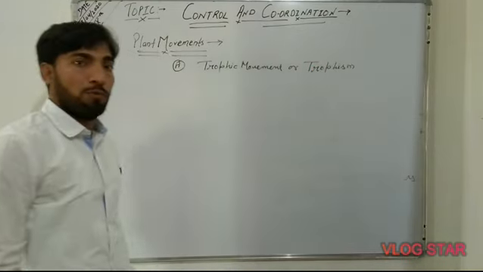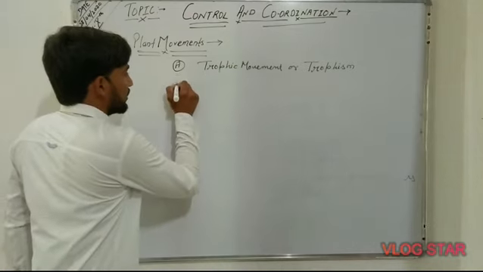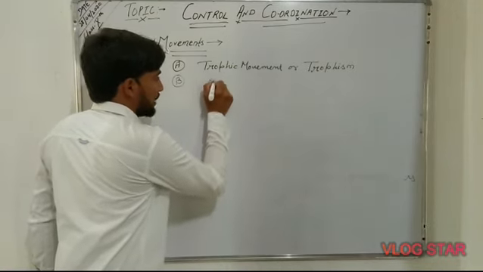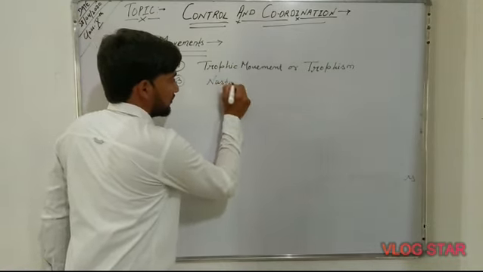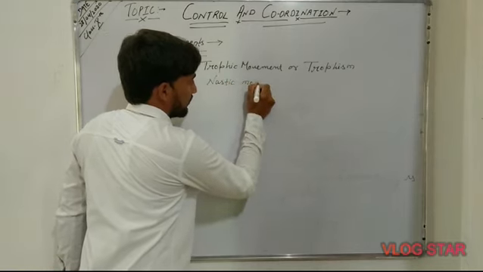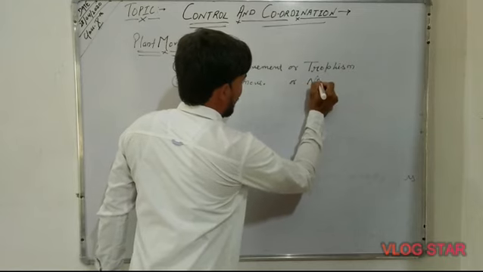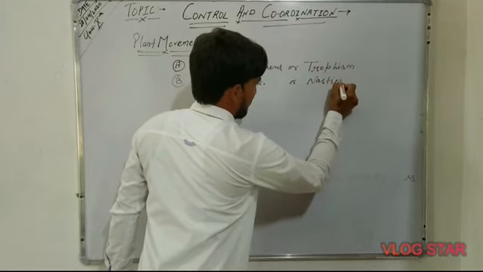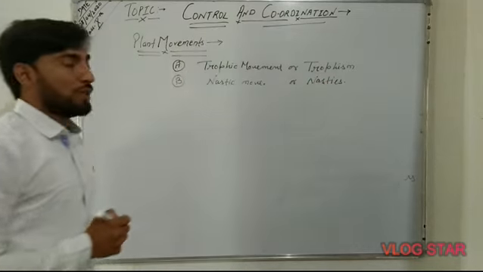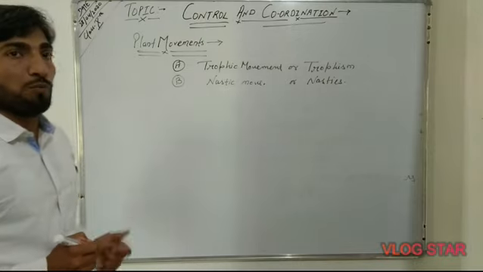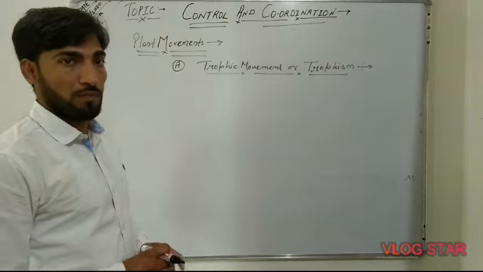And the second type is known as nastic movements, or simply nasties. First, in this video we will discuss tropic movements or tropism.